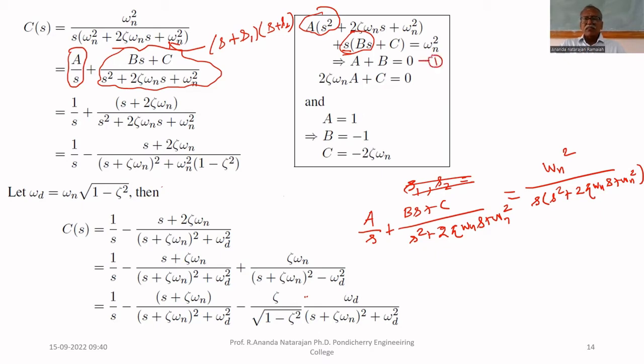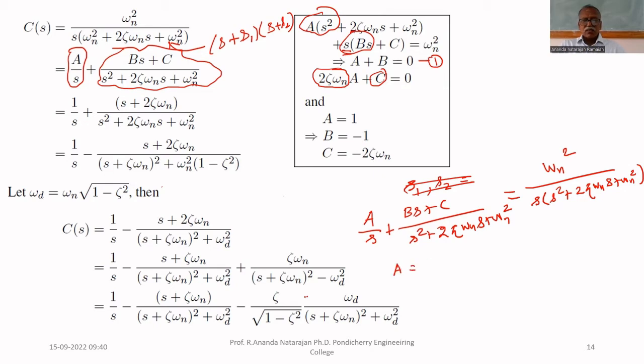You got one equation. Compare the coefficients of S: here the coefficient of S is 2 zeta omega n A plus C equal to 0. We got two equations. Now we have to find A. A can be easily found from here.